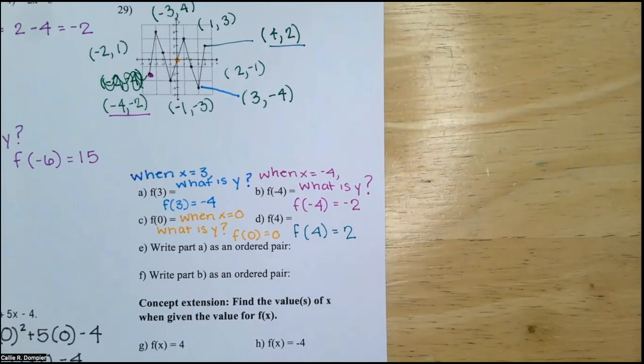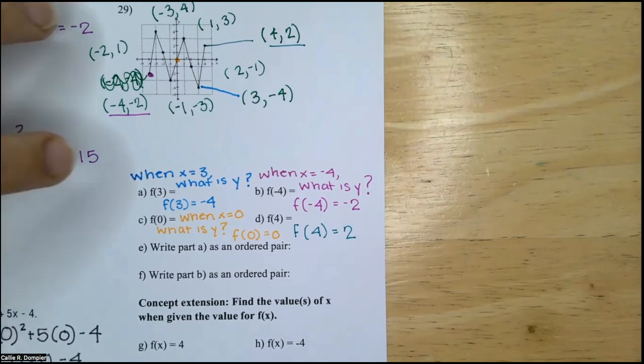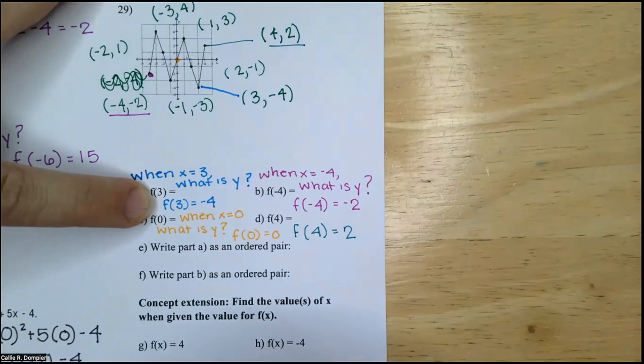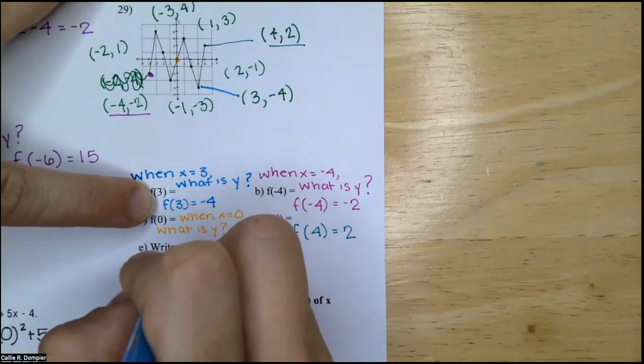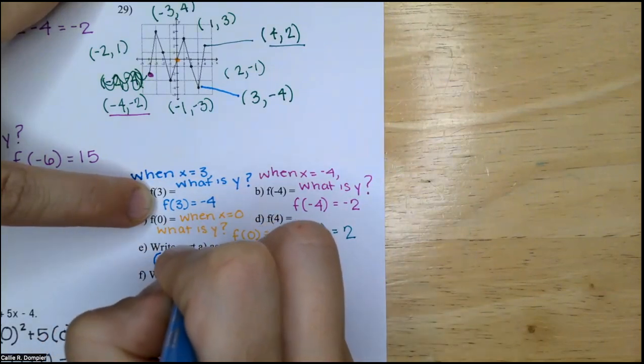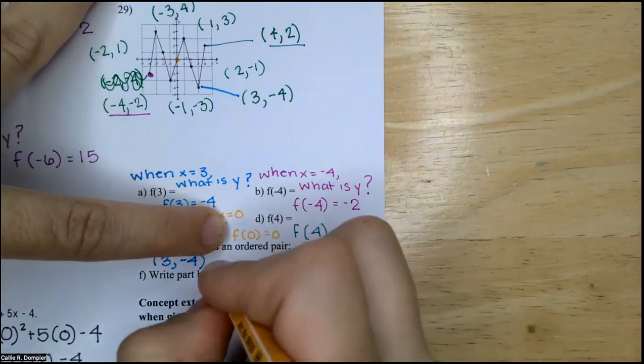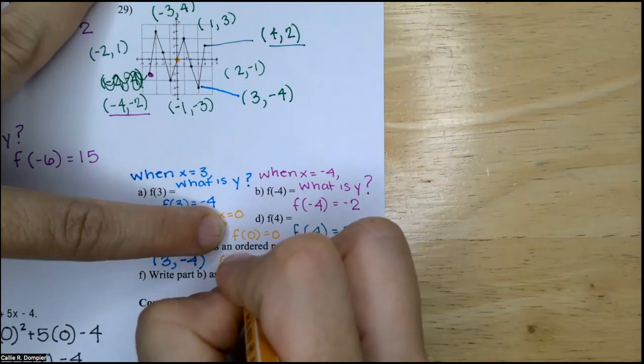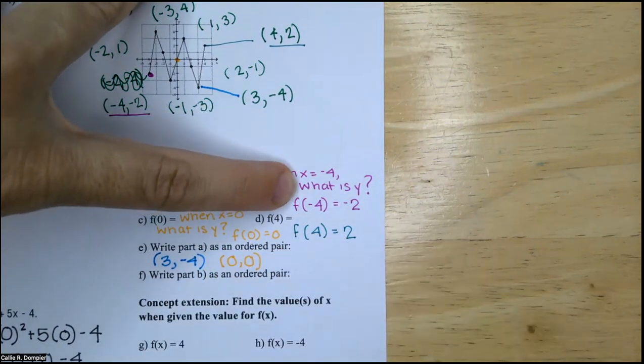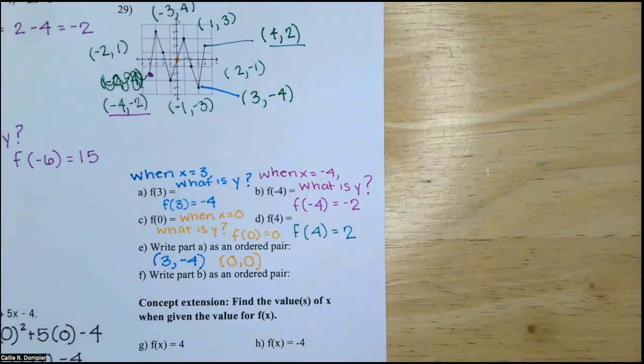Write part A as an ordered pair. So an ordered pair is just saying, instead of f of 3 equals -4, x is 3, y is -4. Okay? f of 0 is 0. That's the ordered pair 0, 0. f of -4 equals -2.